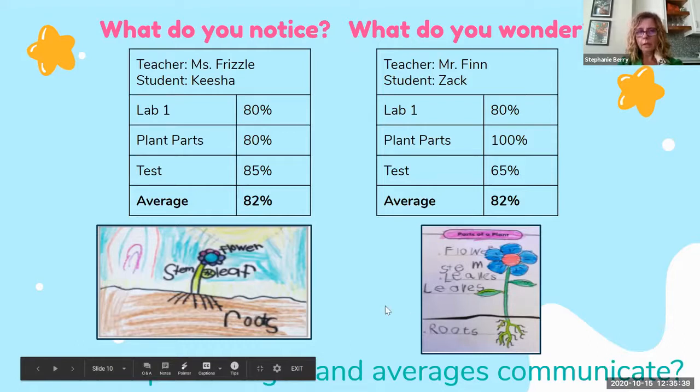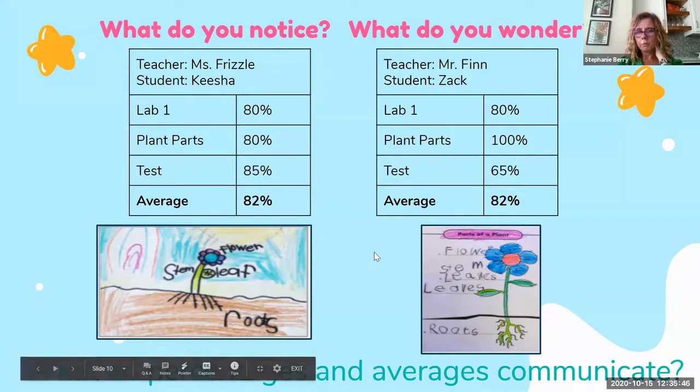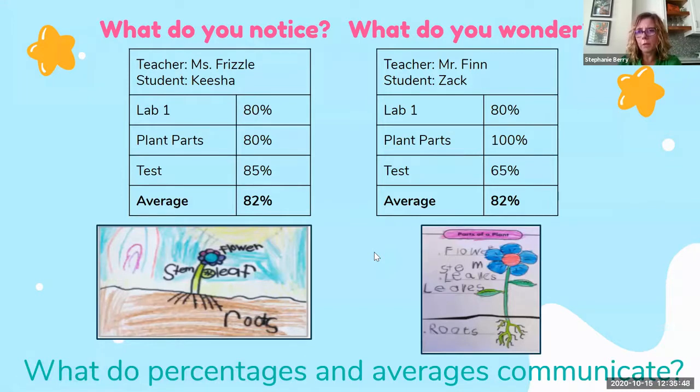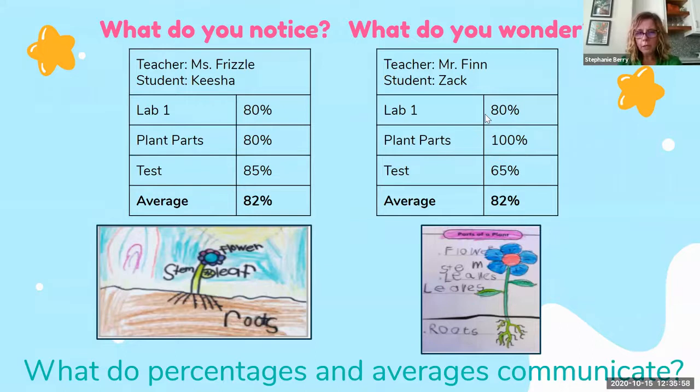So take a look at that. And then I am going to go ahead and place you into breakout rooms so you can discuss the information on this slide. And when you get your invitation, go ahead and join. We'll give you probably about 3 to 5 minutes to discuss.